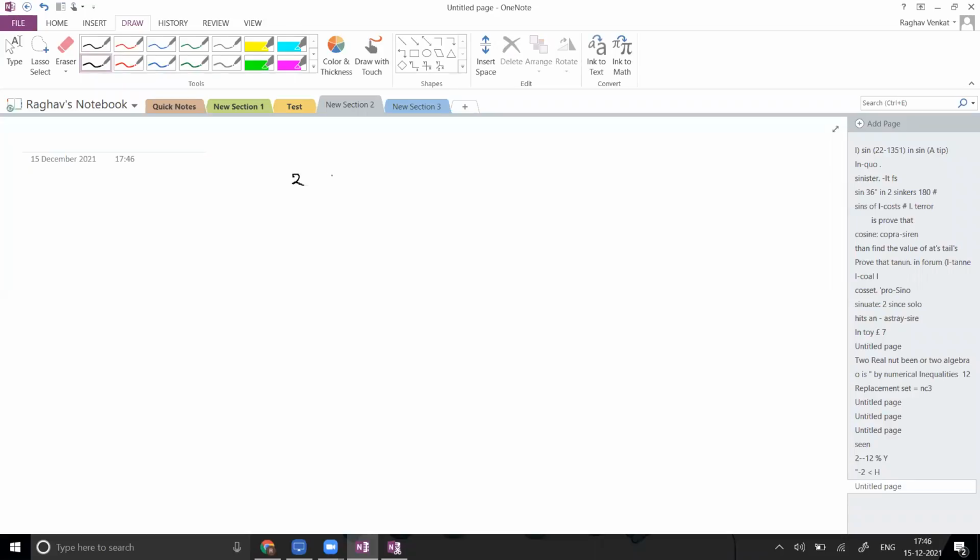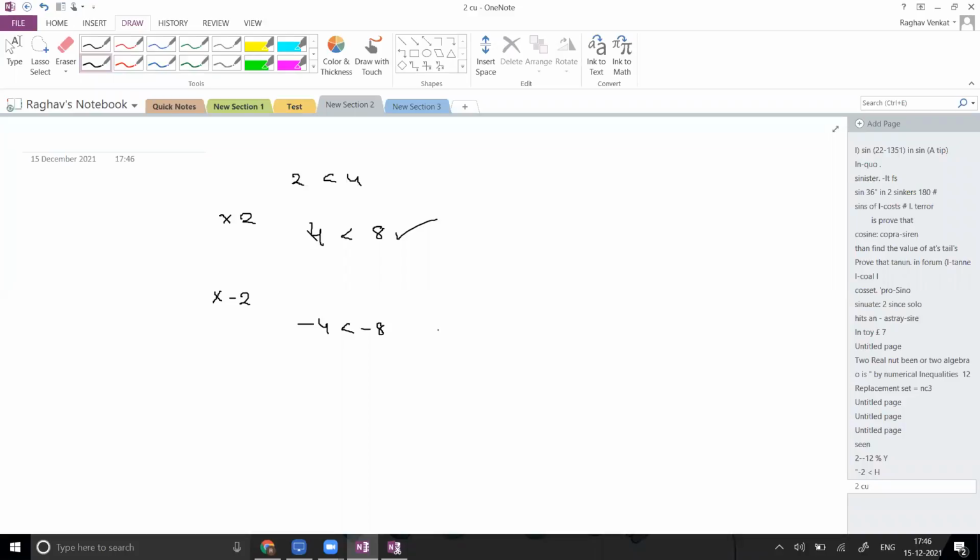Suppose 2 is less than 4, and I am multiplying with 2 on both sides. 4 less than 8. It's true. If I multiply any positive number on both sides of the inequality, it does not affect the inequality. It remains true. If I multiply with minus 2, I get minus 4 is less than minus 8.